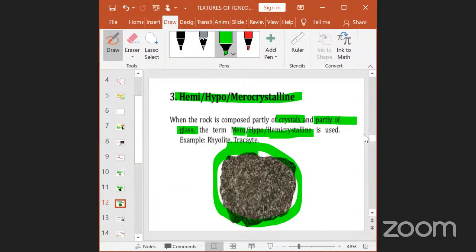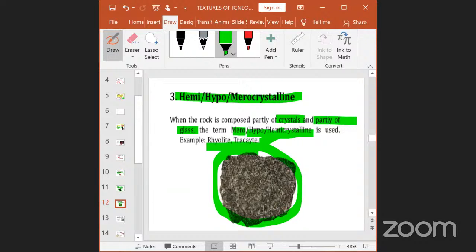Examples are rhyolite and trachyte. A rock composed of both crystals and glass indicates a period of relatively slow cooling, sufficiently slow to allow crystallization, followed by quenching of the remaining magma.